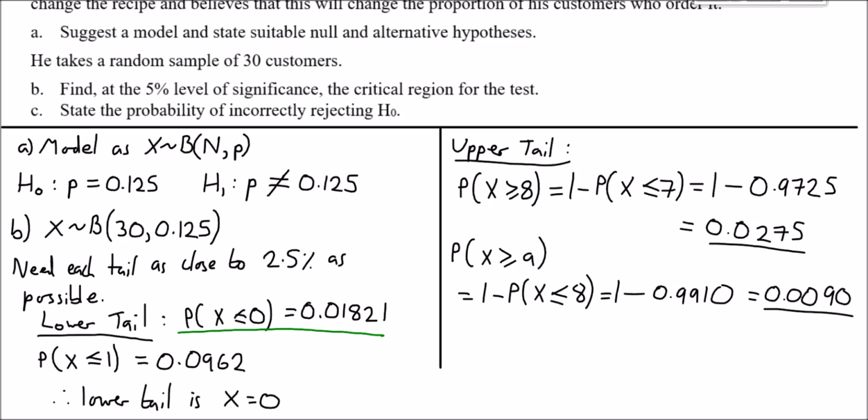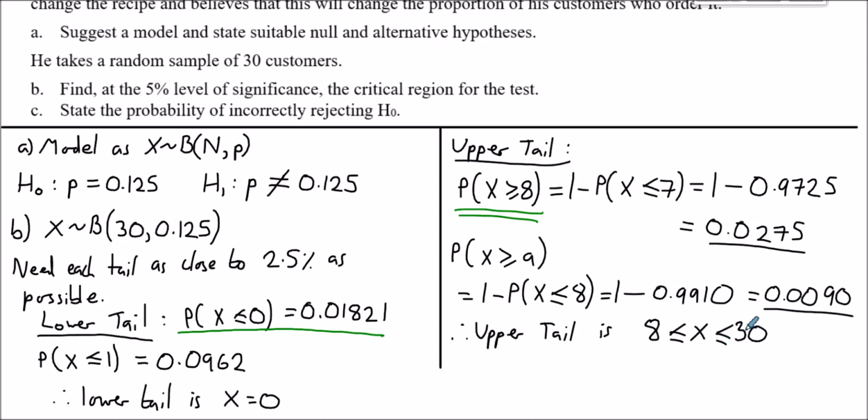So it's not too hard to see that the value which will give us a tail nearest to the required 2.5% is this tail here. So therefore that's our upper tail. We've got the lower tail from before, which was x equal to 0. Now we know the upper tail is simply x being 8 or greater, all the way up to the maximum, which is obviously 30 out of 30.